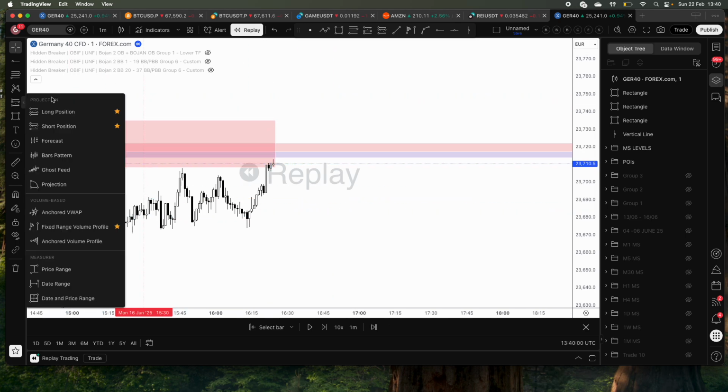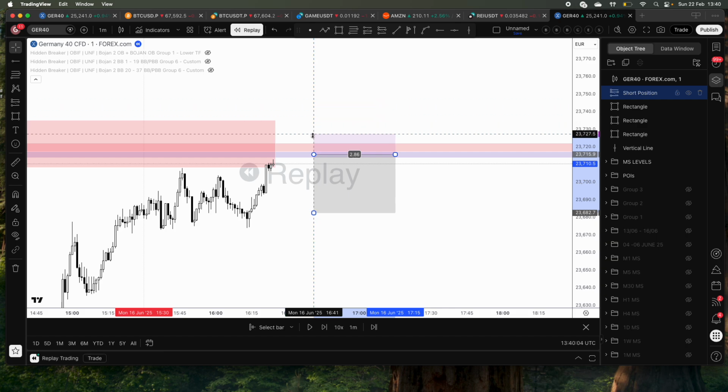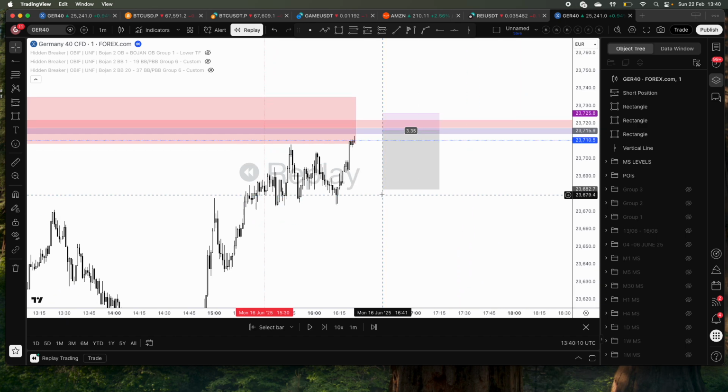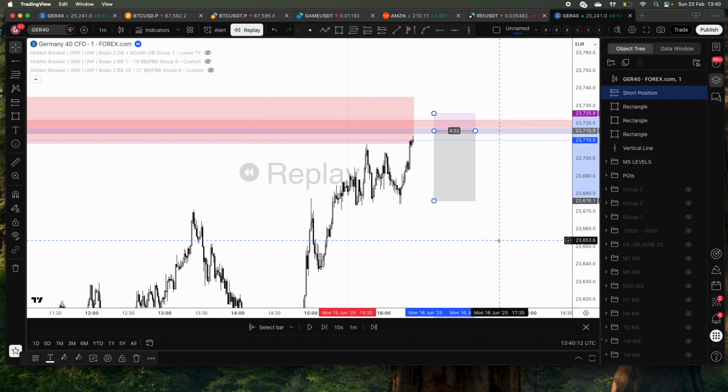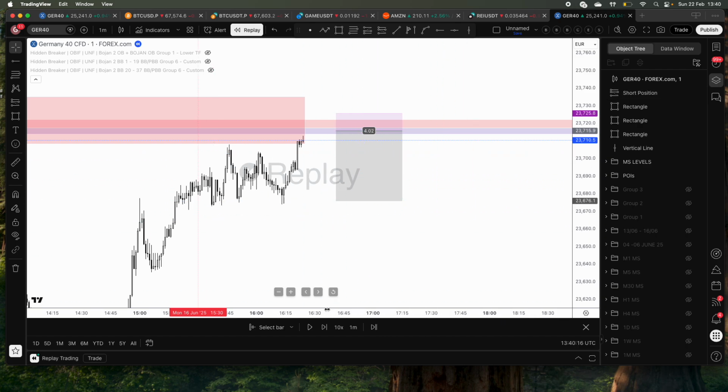So the way that I will set this trade up will be a short position, midpoint, stop loss a few price points above the supply zone, and I will in this instance be targeting a naked liquidity point that I will present once you can see the entry point. So we just tag inside, so that validates this breaker block even more because that now means there's another fair value gap.